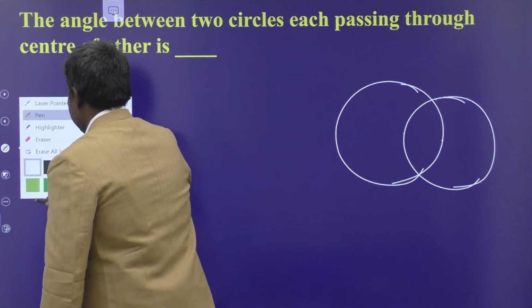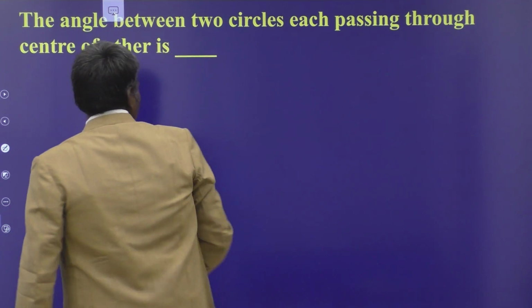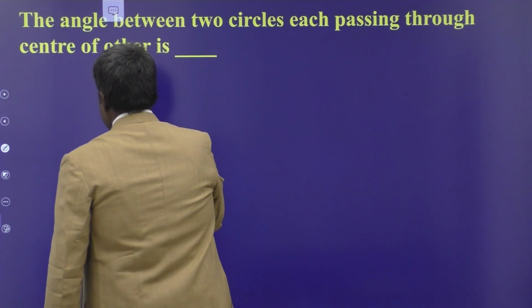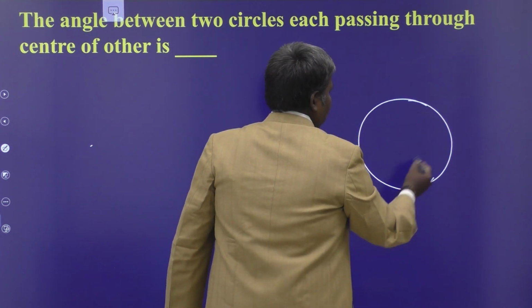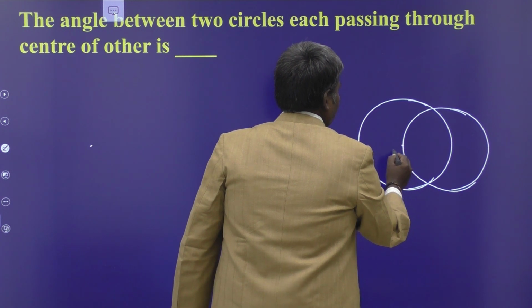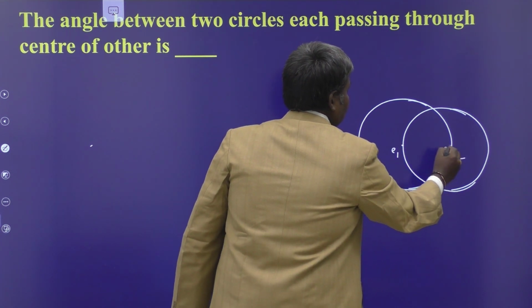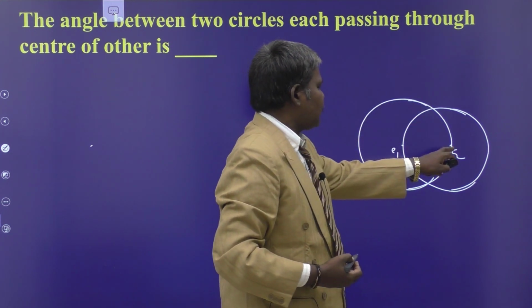Suppose this is the first circle, this is the second circle. For the sake of convenience, a rough diagram: this is C1, this is C2. So this is the first circle passing through the center of the second circle.